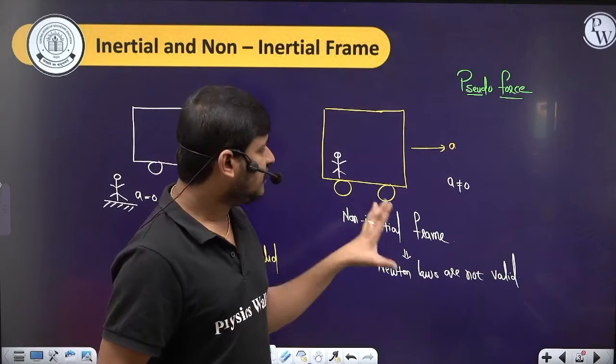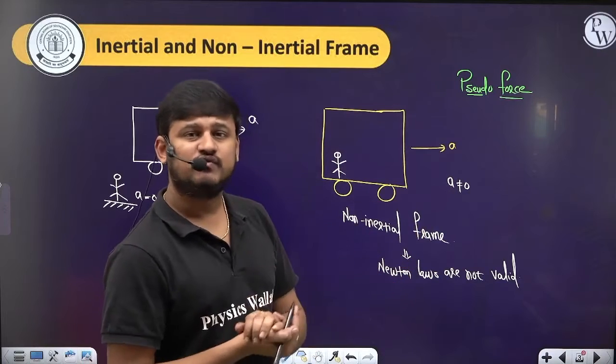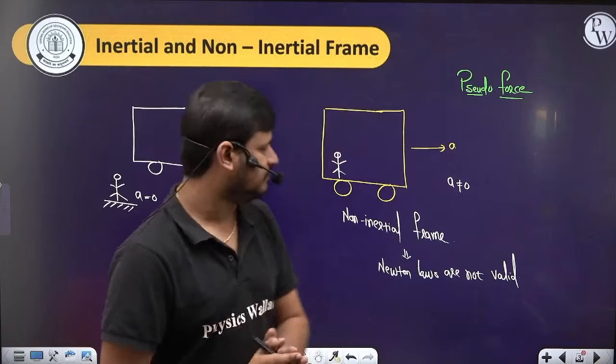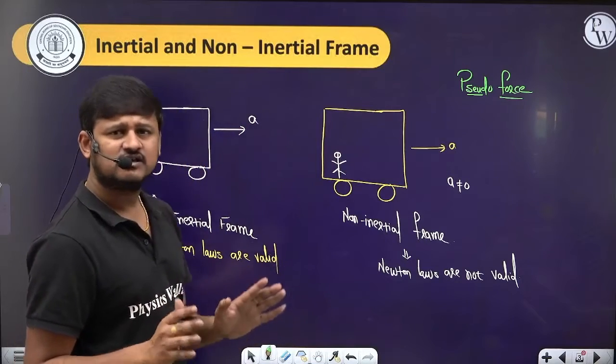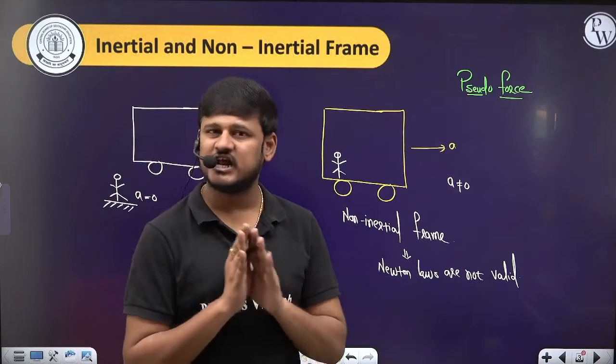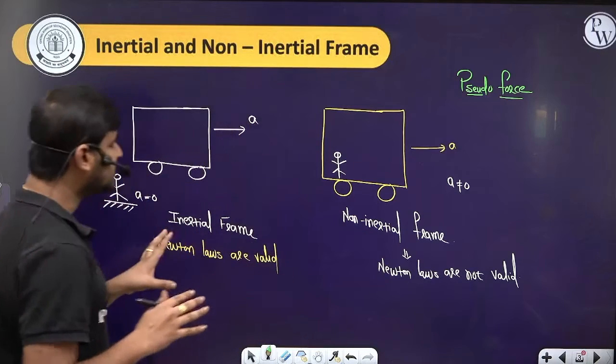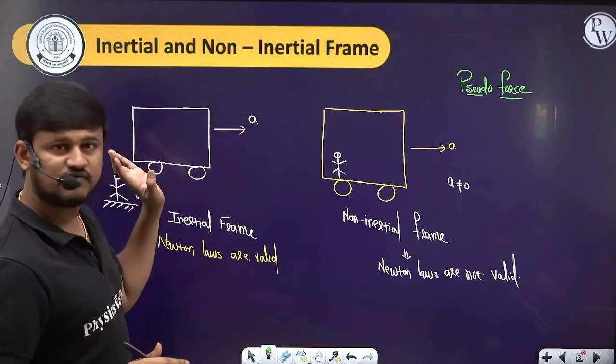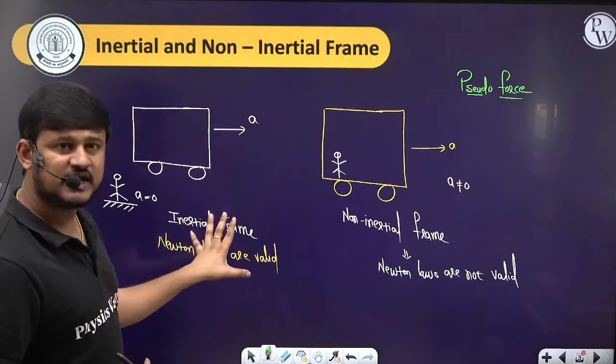Where do we apply this fake force? Whenever the observer is inside the accelerated frame, remember carefully, the only difference between inertial and non-inertial is: if the observer's acceleration is 0 with respect to the frame, that is the inertial frame.